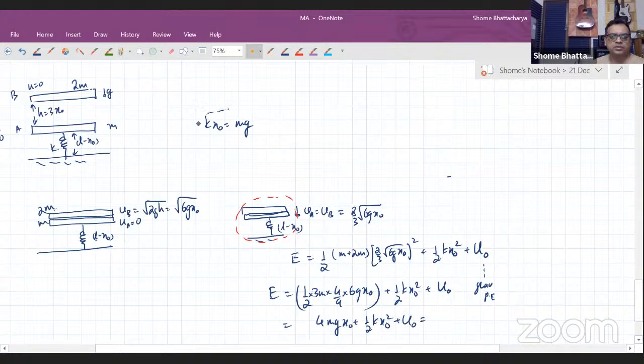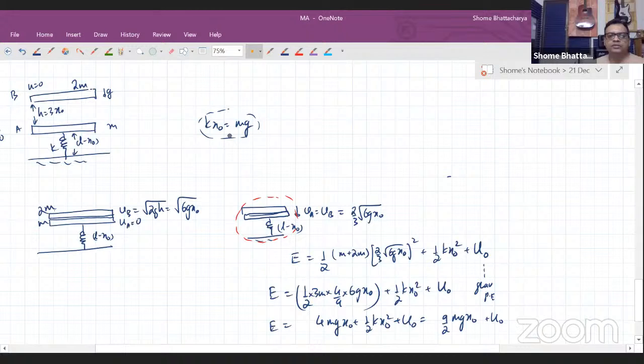And we had kx naught is equal to mg. So you can write this as 9 by 2 mg x naught, plus U naught. This is the total mechanical energy of the system.